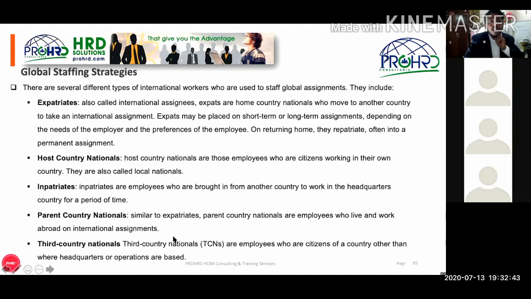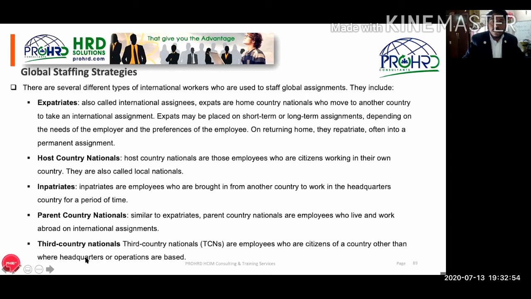Now the next one is the parent country national. Similar to the expatriates, parent country nationals are employees who live and work abroad on international assignments.